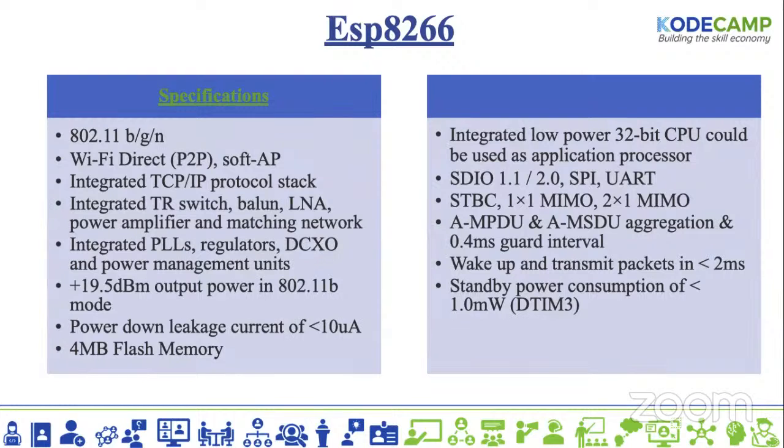One thing you really need to understand is that it uses complementary code keying, a kind of modulation that improves speed. You can take that down and check it up later. The acronym is CCK.